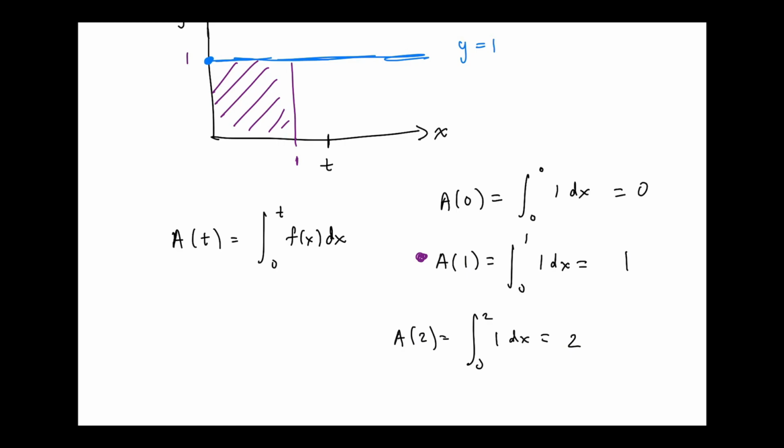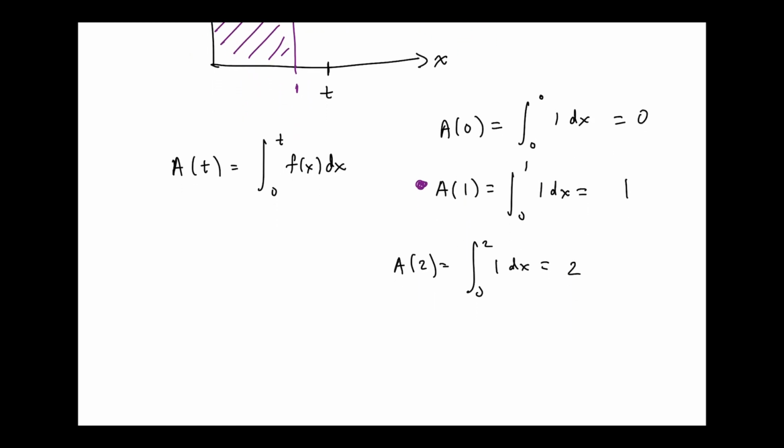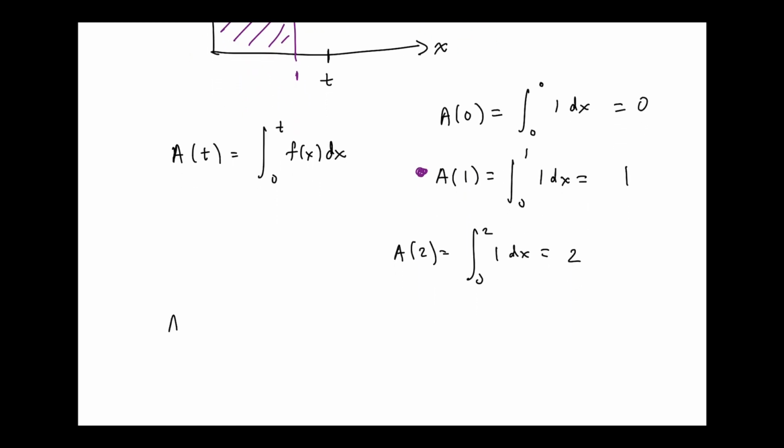Okay, so when I say and so on, what do you think our formula for A of t would be if it's 0, 1, 2, what would A of 3 be? Probably guess. 3.